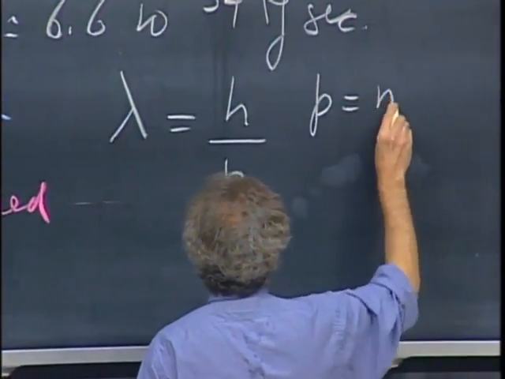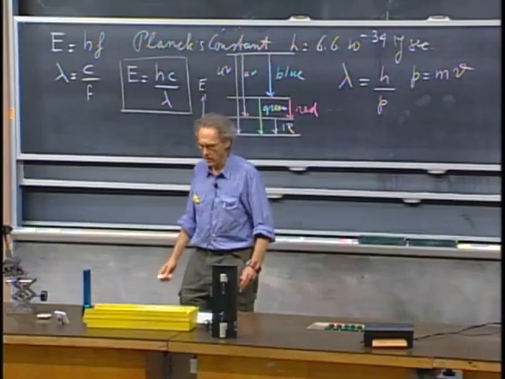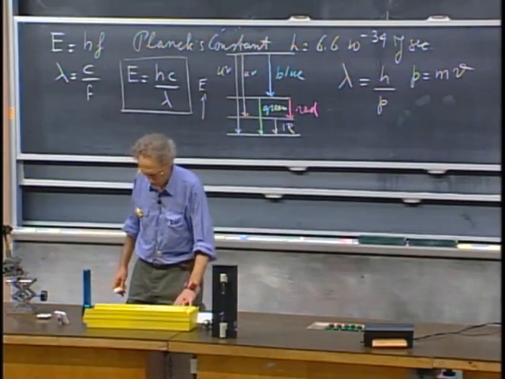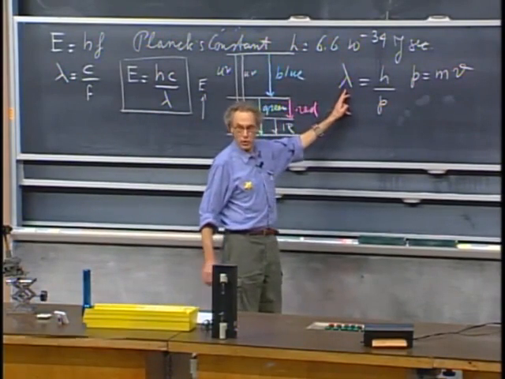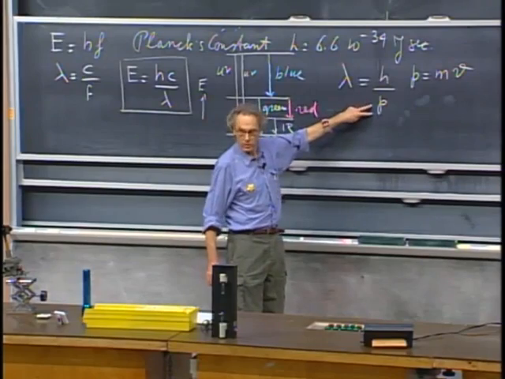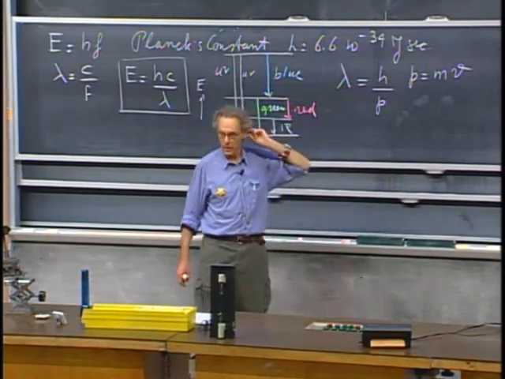And the momentum is the mass of the particle times the velocity, as we have seen in 8.01. If the momentum is higher, then the wavelength is shorter. A baseball will have a very high momentum with a ridiculously short wavelength.